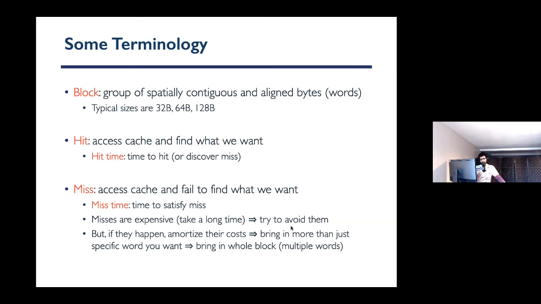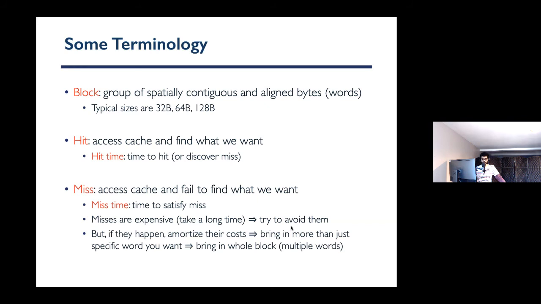Now that you know that you're accessing this particular memory address and you didn't have it in cache, it's very likely that you don't have the addresses around it either. And it's likely that next time you're going to ask for another address, not exactly this address, but another address that is close by. So one thing you could do when a miss occurs is to not just bring the block that you were interested in, but also some blocks around it.